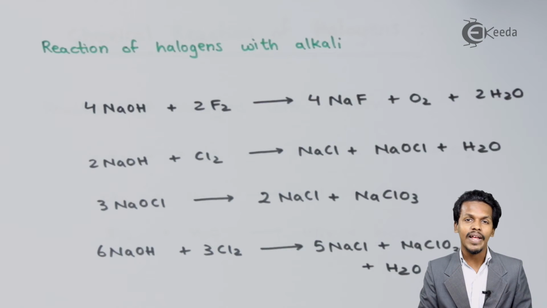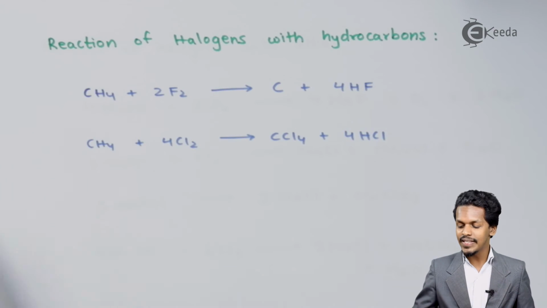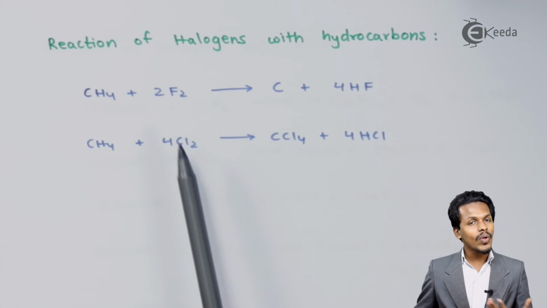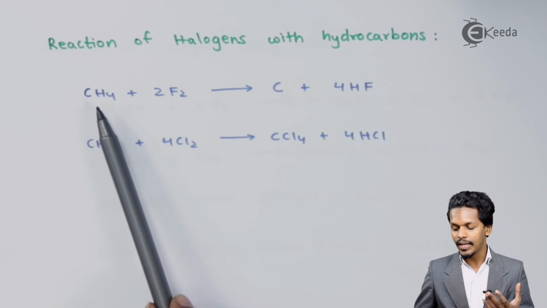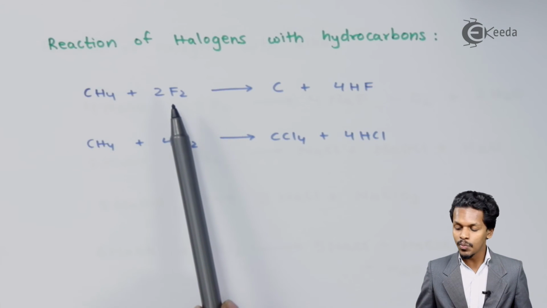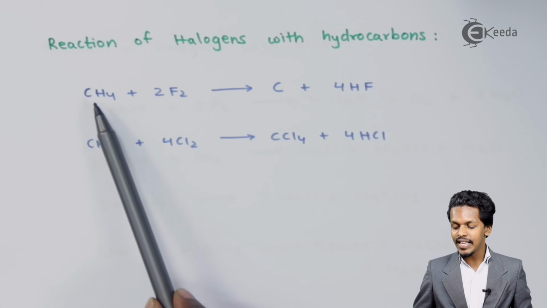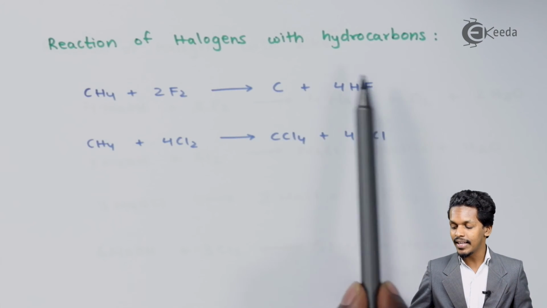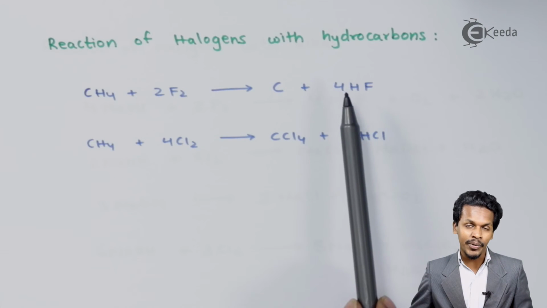Now let me discuss the next reaction, which is the reaction of halogens with hydrocarbons. In this case, we have 2 examples for now. Suppose methane, a hydrocarbon, is treated with 2 moles of fluorine. Here CH4 will be converted into only carbon, while liberating 4 moles of HF as a byproduct.